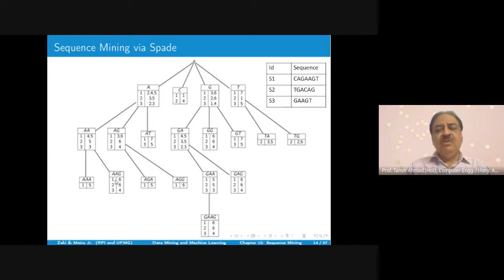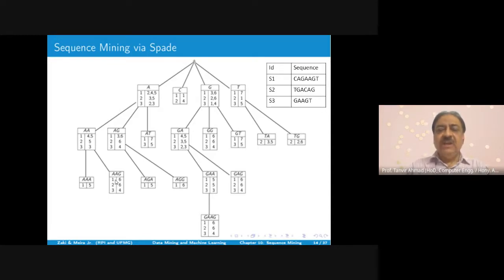Therefore, I can only develop extension from GAA. GAA with GAAA and GAAG. Now GAAA is not there. Therefore, no further extension from GAA involving A can be developed.